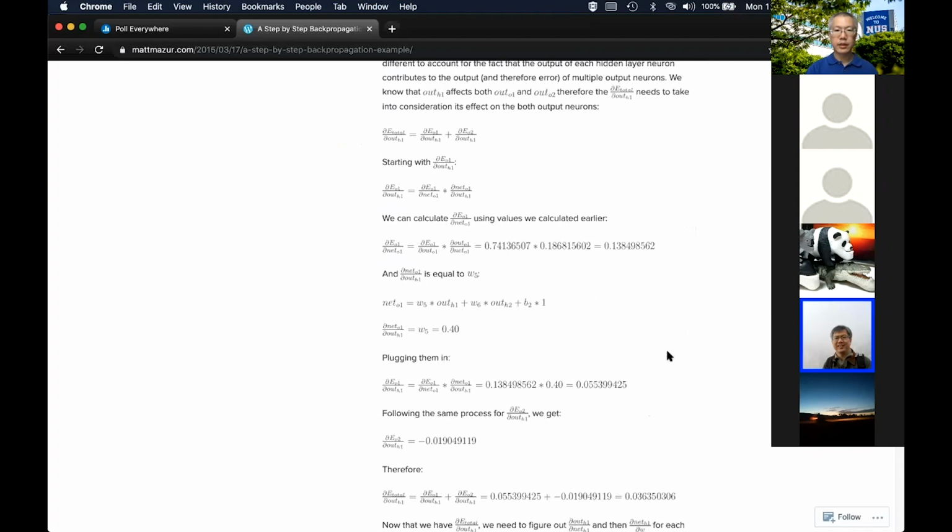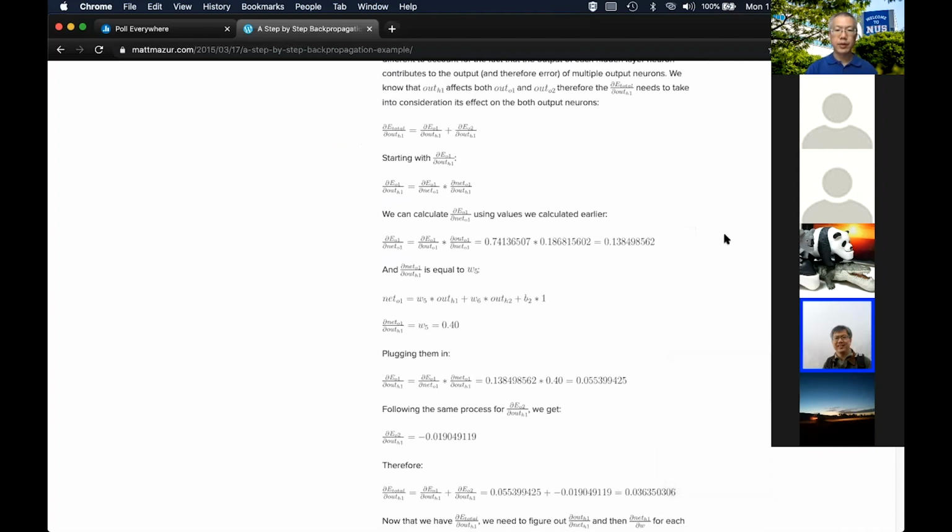Let's see. All right. So we are going to do the same things as we did earlier. We have those parts of information, and we already calculated this part due to the delta times W5, the first delta in the first row. So we can get the output of those, and then we need to do the bottom line as well.